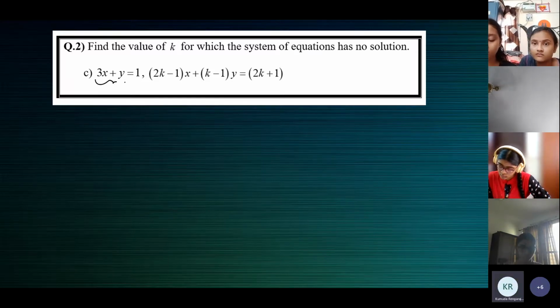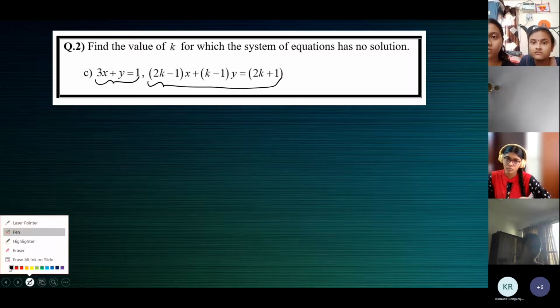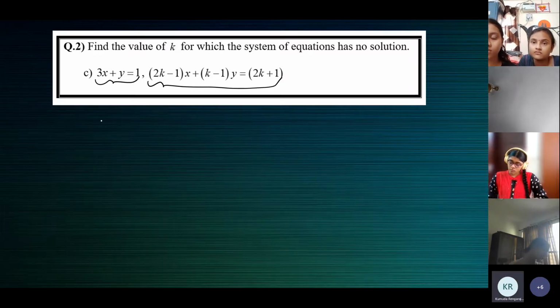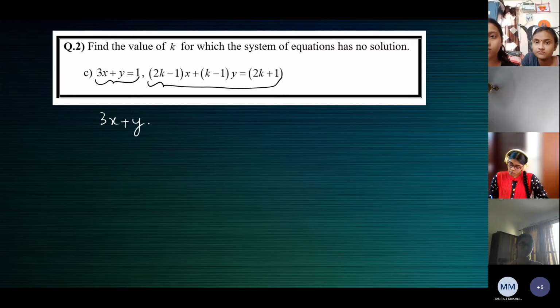This is the first equation. This is the second equation. Tell me the first equation in the standard form. 3x plus y is equal to 1, ma'am. That is what is given. In the standard form, take all the terms to one side.